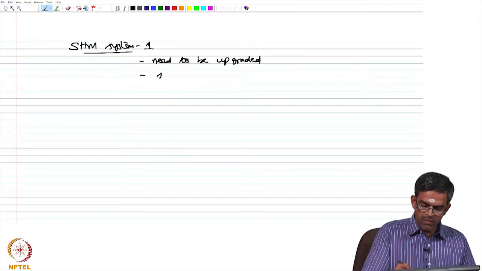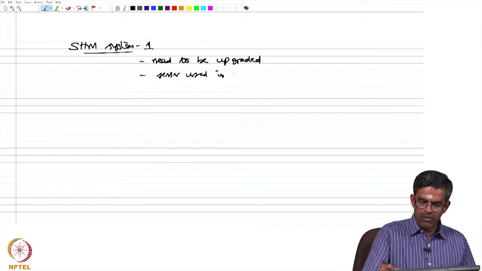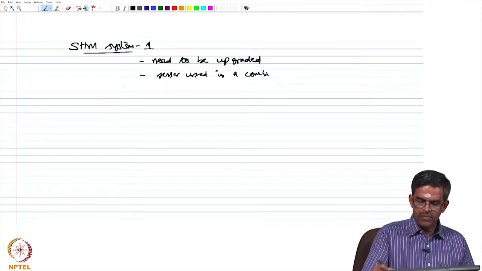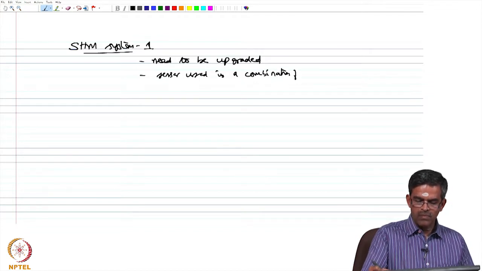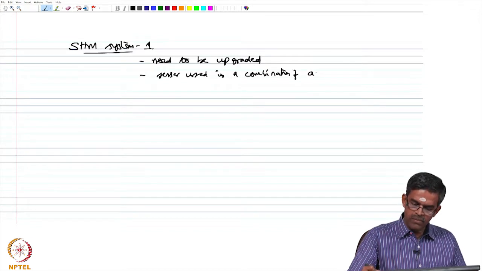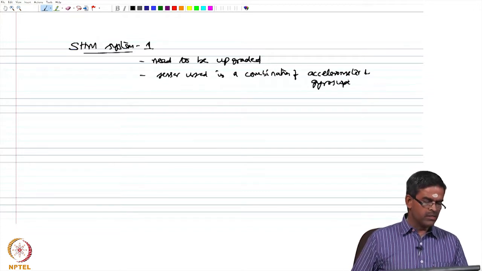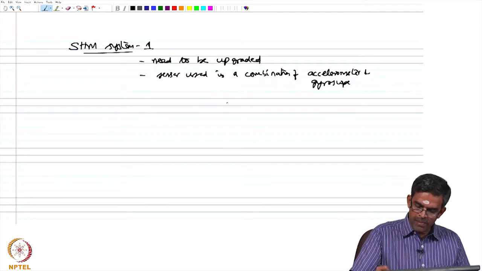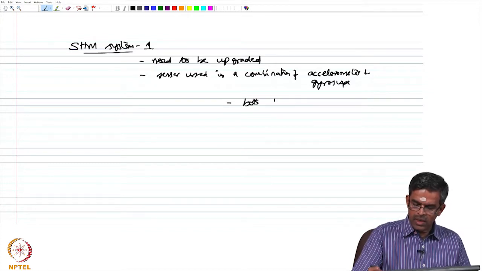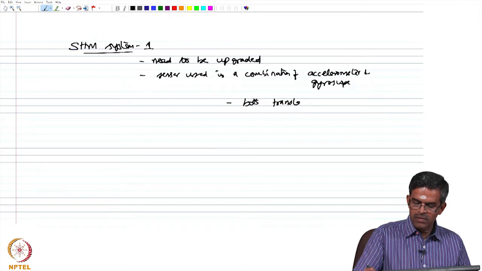Now, the sensor we have used at present is a combination of accelerometer and a gyroscope, because we have measured the inclination as well, because we have measured both translational and rotational.